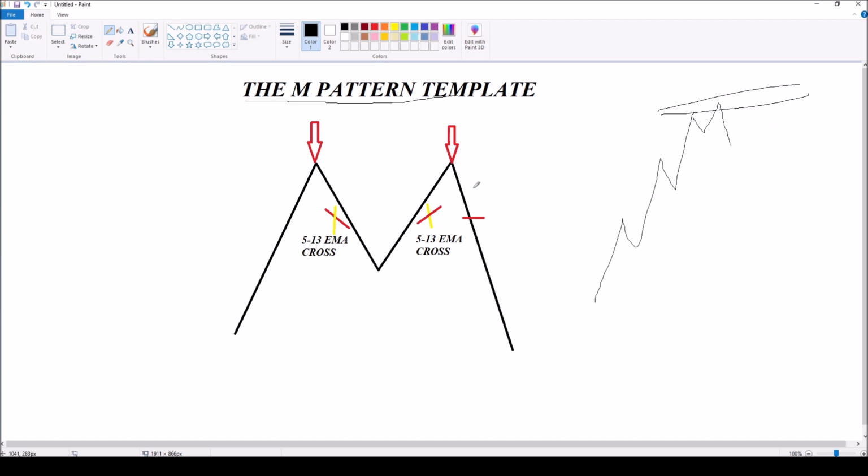An M is basically a double top or a double bottom in layman's terms. In this case, we can see that this is the first leg and this is the second leg. When we are forming this particular pattern, we are trying to manipulate or induce traders into giving liquidity within the market. I'm talking from the perspective of the market makers.